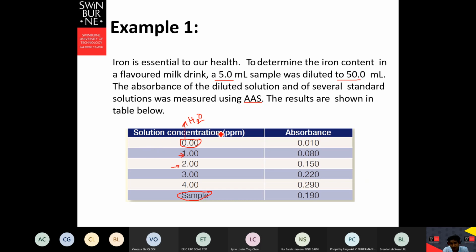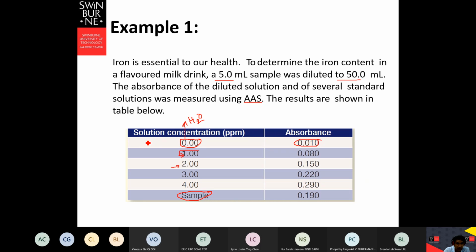And then every sample I put in the machine, I took the absorbance. I recorded the absorbance that has been recorded by the instrument. So for water, when there is no iron, I didn't put any iron. I took the water from the lab, it is distilled water, but still I got some absorbance. Later I will discuss what happens.